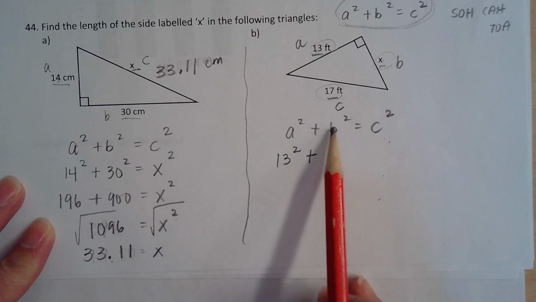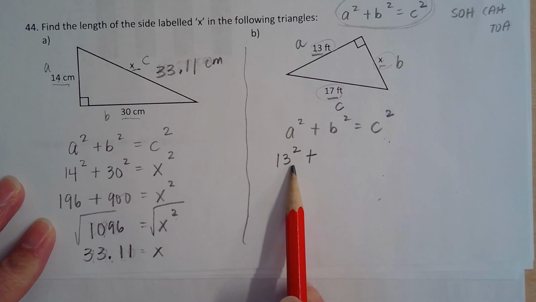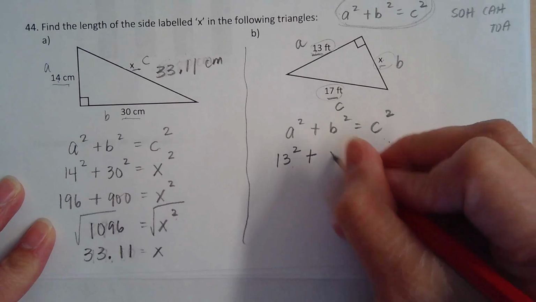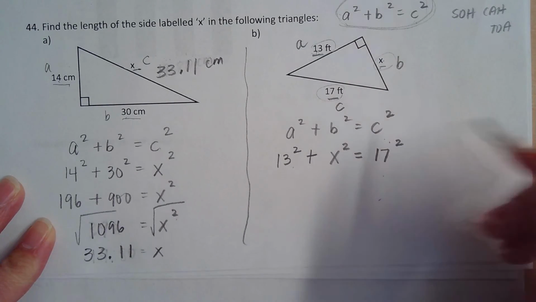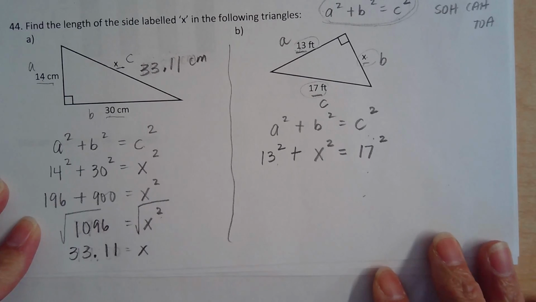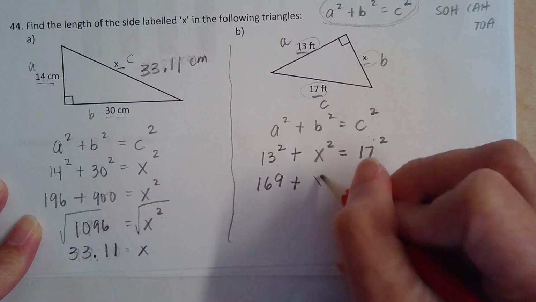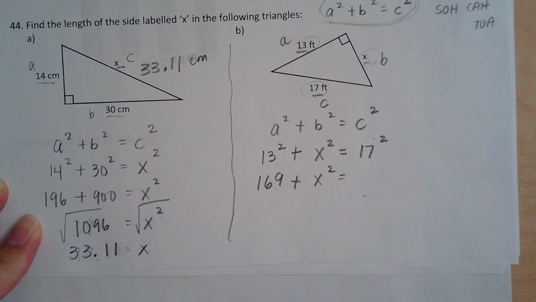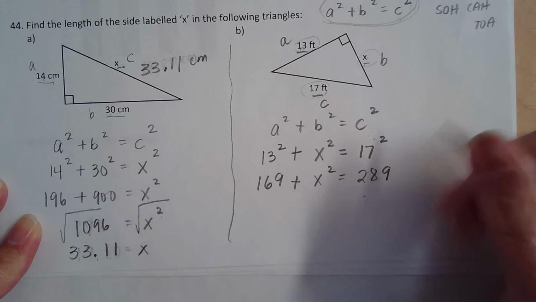Okay. First thing is substitution. 13 squared plus x squared equals 17 squared. So 169 plus x squared equals 289 for 17 squared.